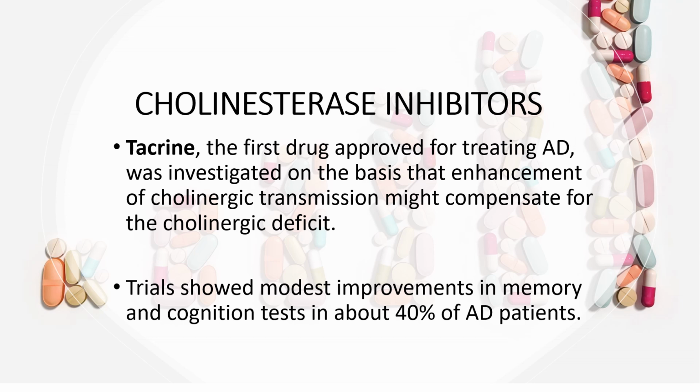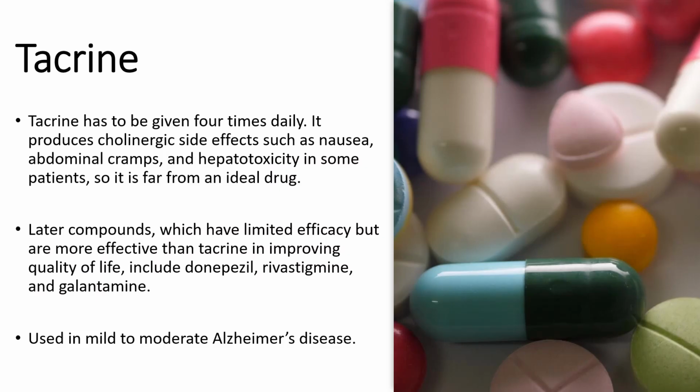In case of cholinesterase inhibitors, tacrine was the first drug approved for treating Alzheimer's disease. The trials of this drug showed modest improvement in memory and cognition tests in about 40% of Alzheimer's disease patients. But this drug has a lot of drawbacks.